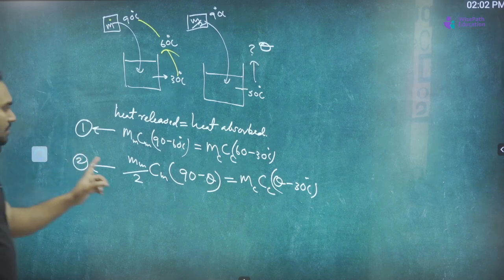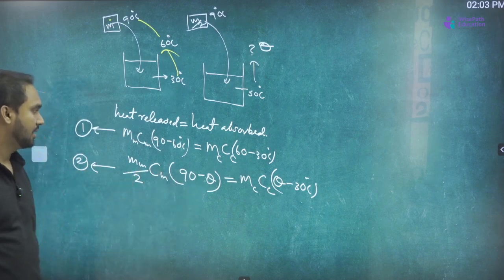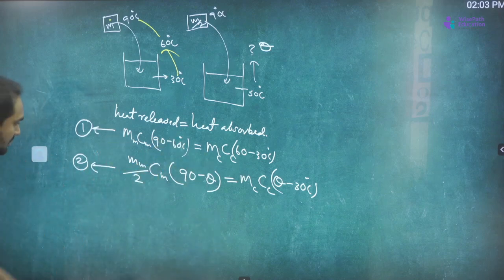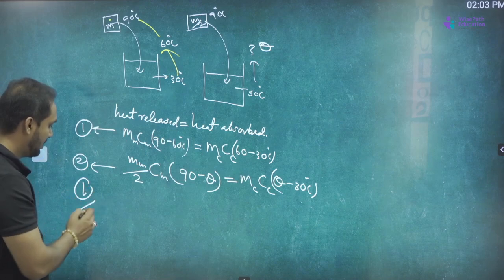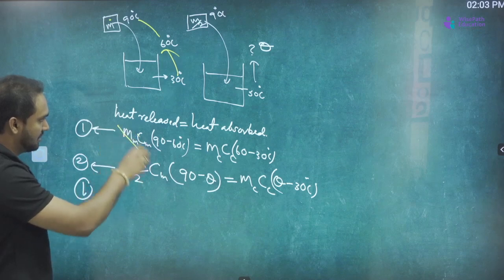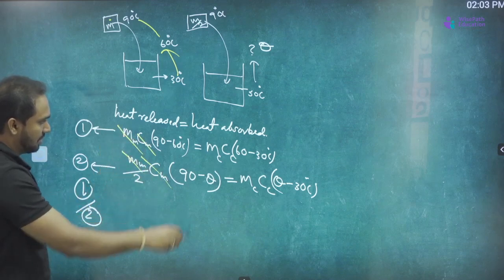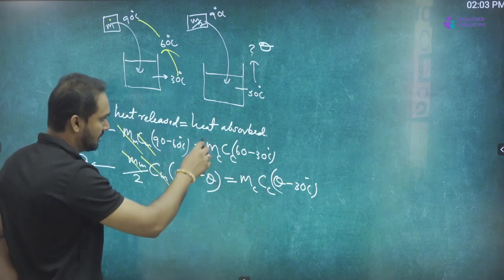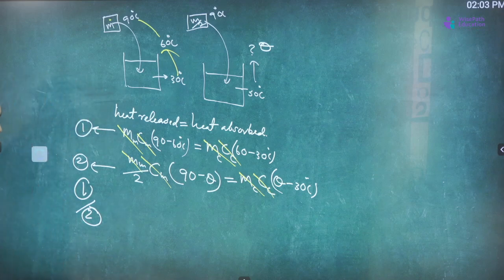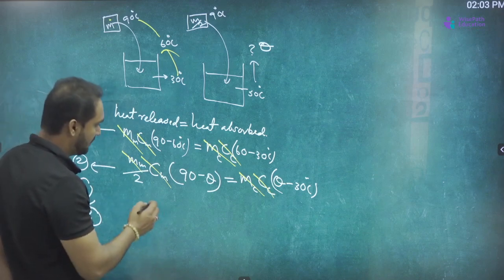So you have to cancel all the other things out. To cancel all the other things out, better you divide, right? So you divide 1 by 2. That will cancel out mc to mc, everything will be cancelled out. So what is left?